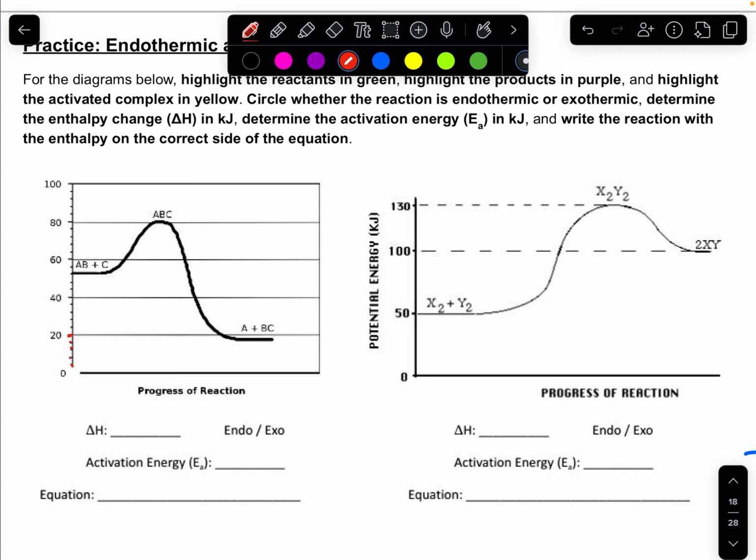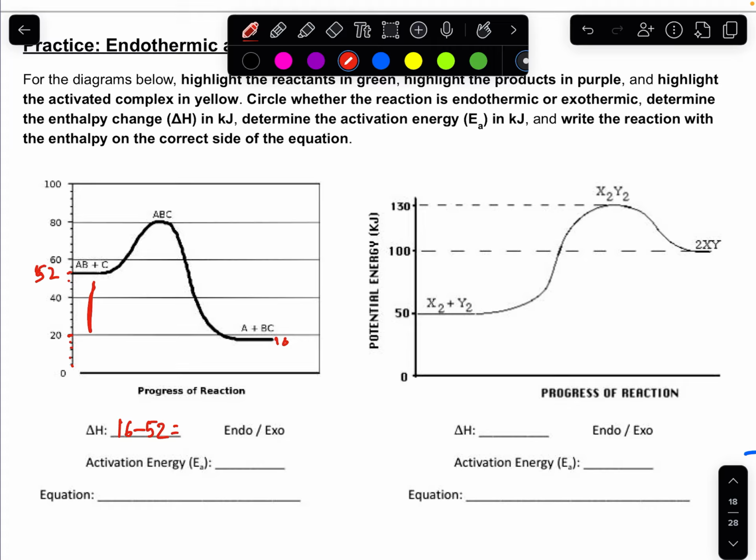So each line is 4, so that is 40, 44, 48, and that's 52, right? 52, and this maybe you can go with 16 or 18. So delta H is the difference between these. The product energy is 16 minus 52.